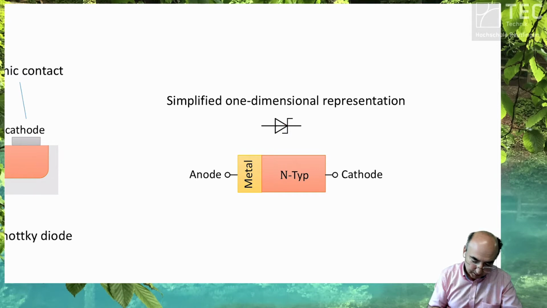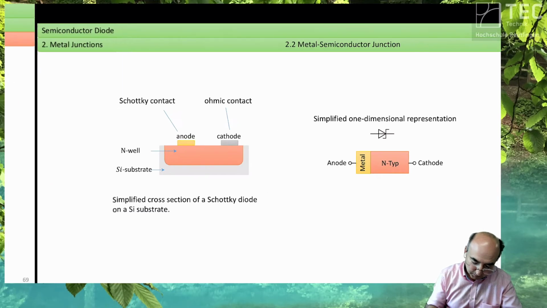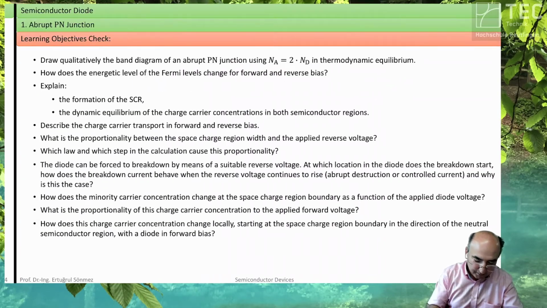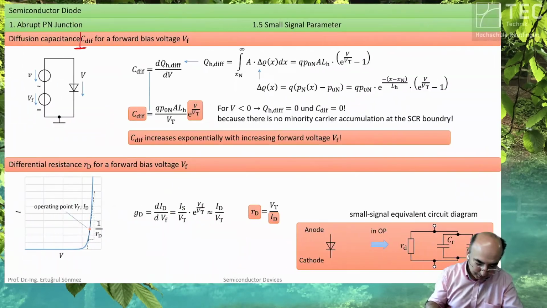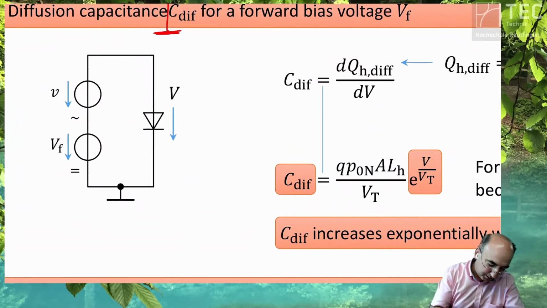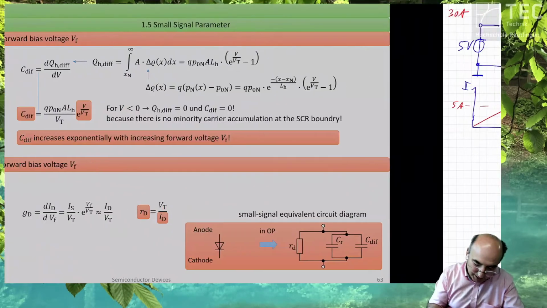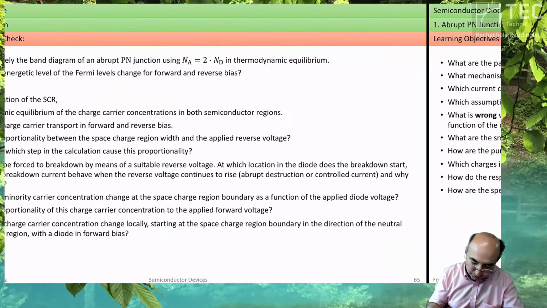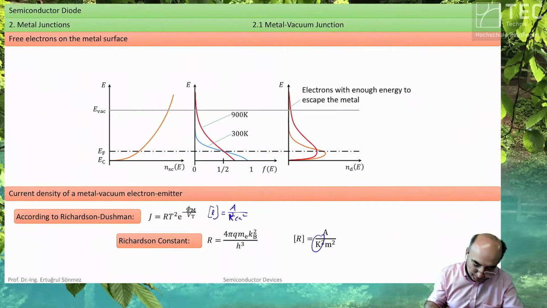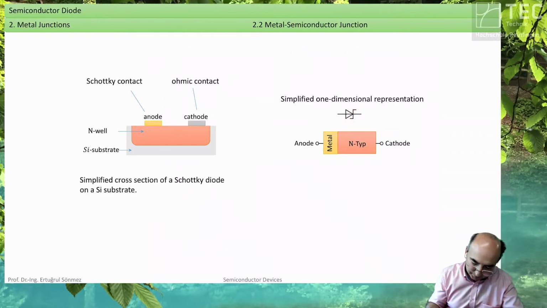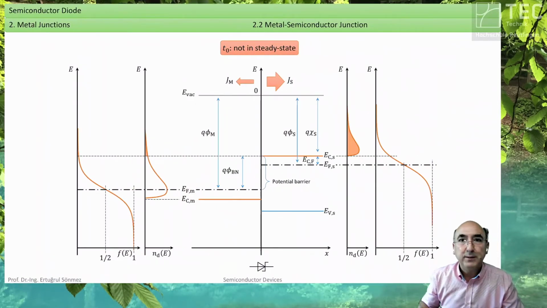And by DIN norms, these lines look like this. You remember for p-n junctions? Have you memorized the symbol? It's just like this. So adding two additional pieces of lines, you have this symbol. Okay, now let's go to the band diagram.